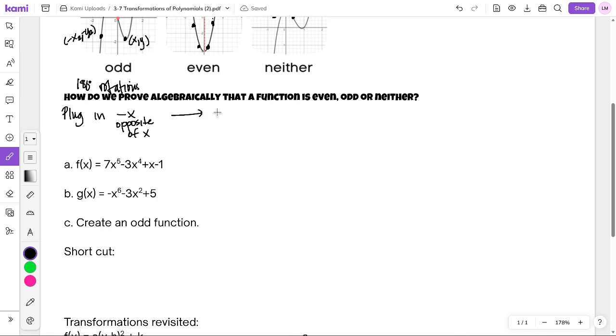You're either going to get exactly the function you started with, case 1, or you're going to get exactly the opposite signs, so case 2, all signs are opposite.